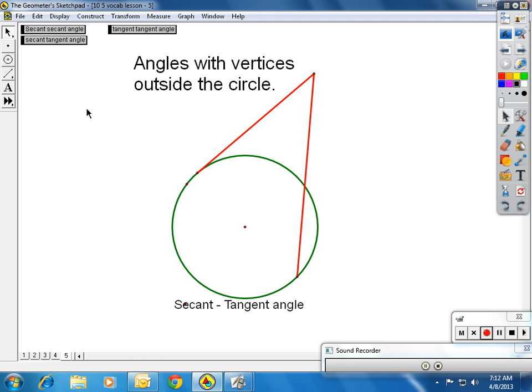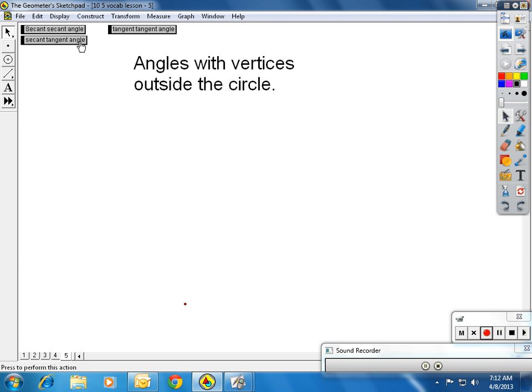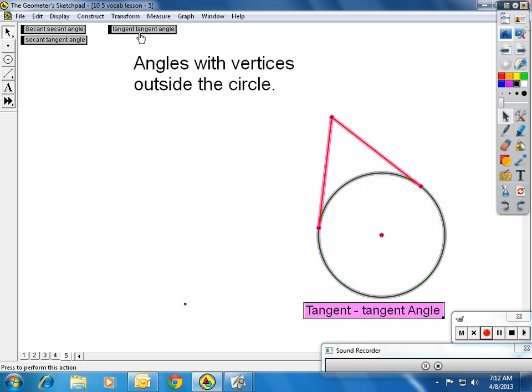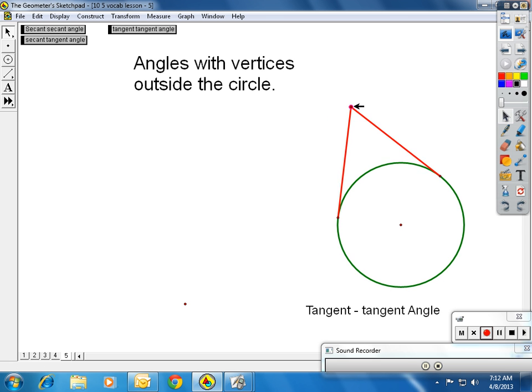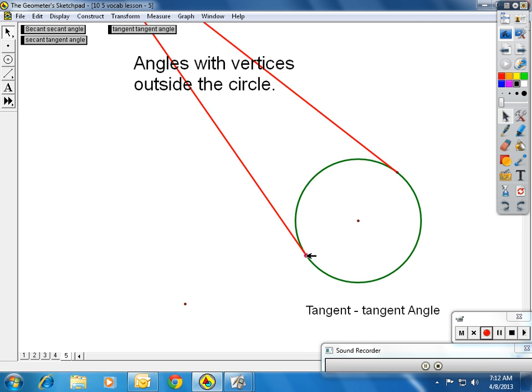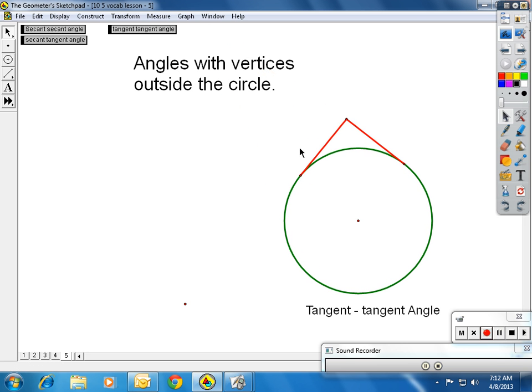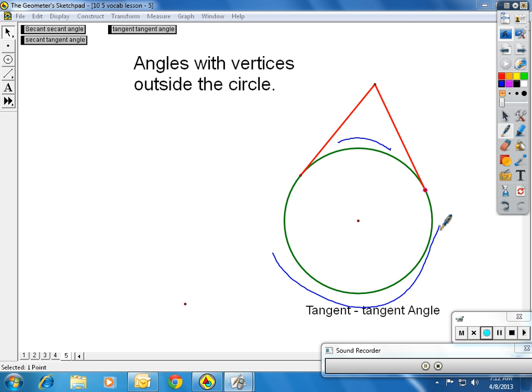And then finally, tangent angle, and we've seen this picture before. Okay, this is a tangent, but now we're interested in the measure of the angle at the vertex outside the circle. We're looking at that angle measure as it relates to the arcs that it intercepts. Okay, those two arcs there.